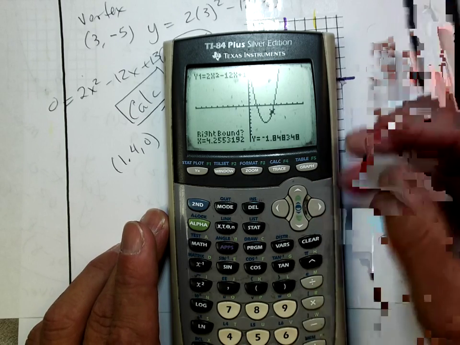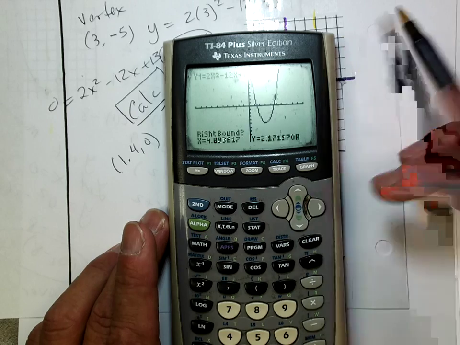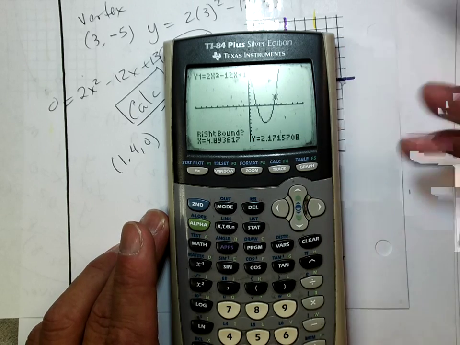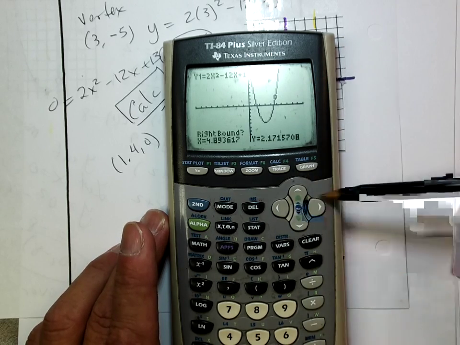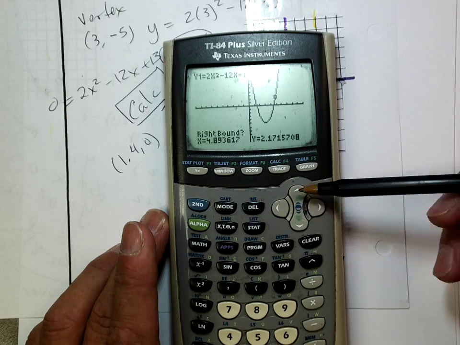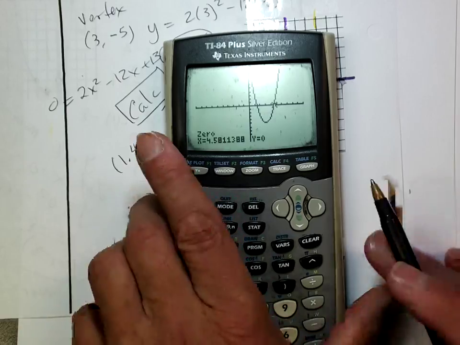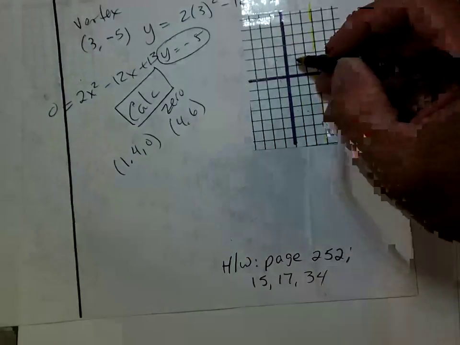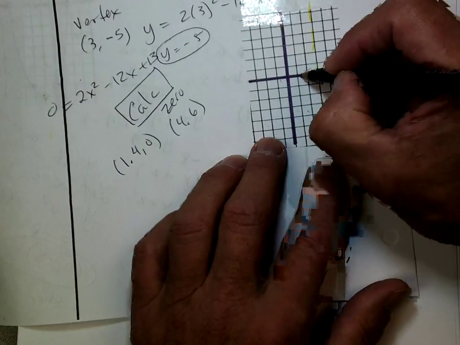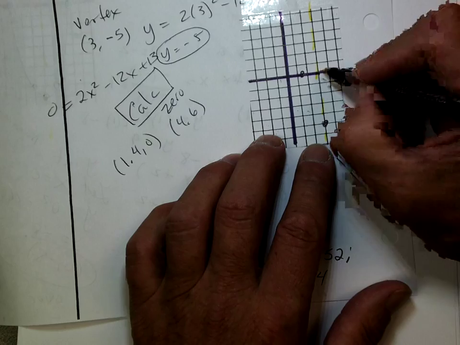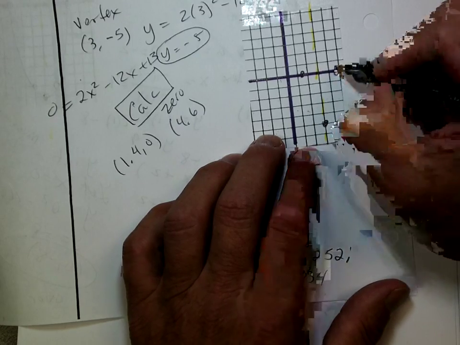And then to be the right-hand bound, it really is above it because that would be right of the point. Don't use your up and down arrows, use your back and forth, enter, guess. So there it is, about 4.6. So 1.4 is about there, and 4.6 is about there.